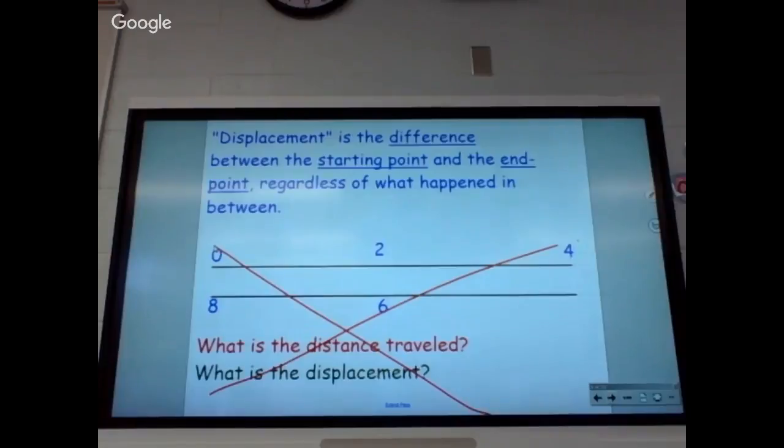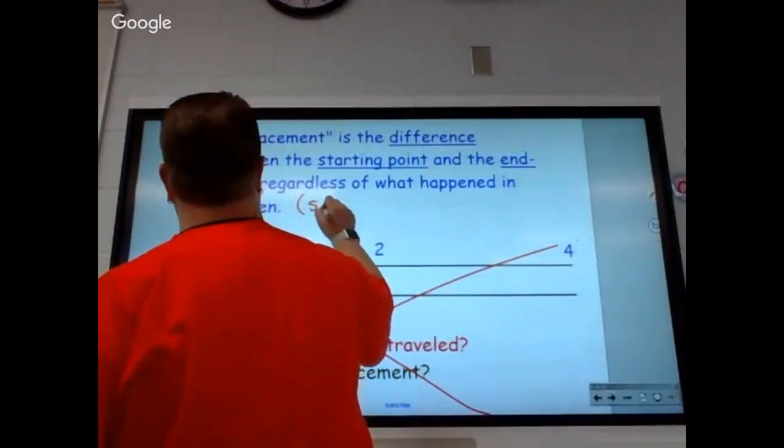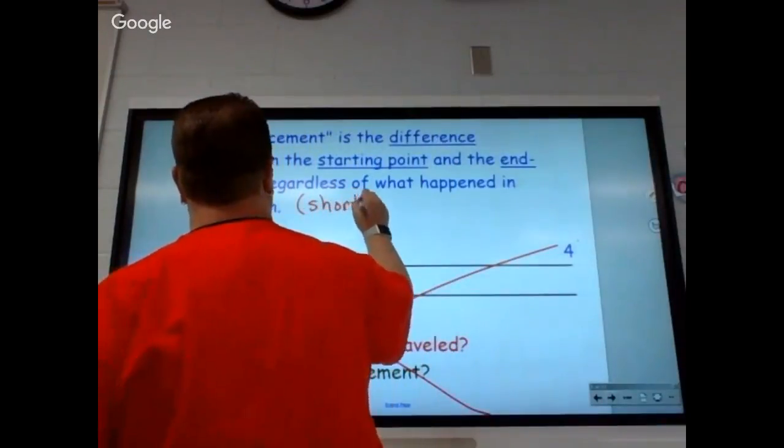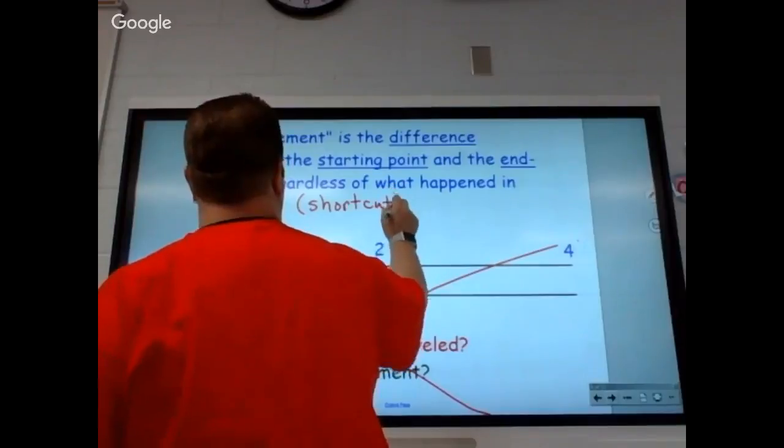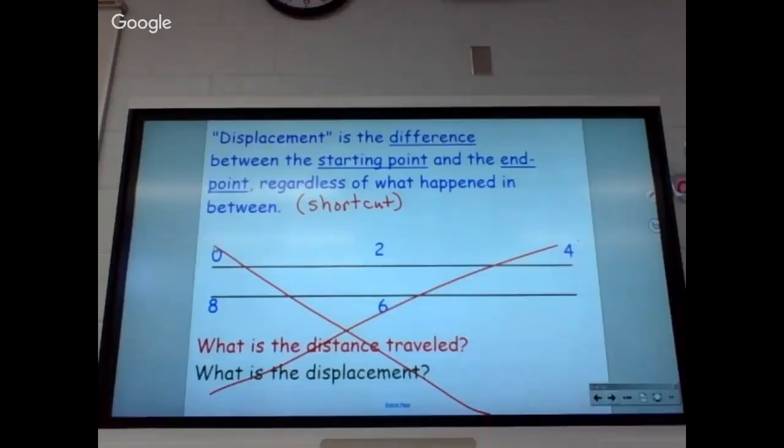I often describe displacement as like taking a shortcut. In a minute, we're going to talk about an example, and displacement is like the shortcut. Does everybody have what they need or what they want?